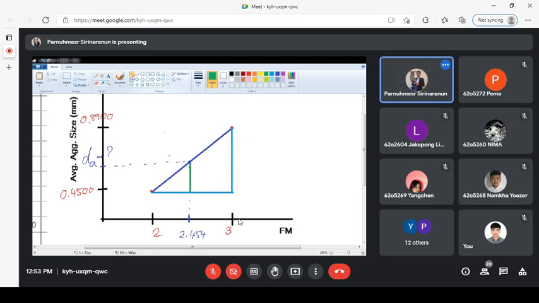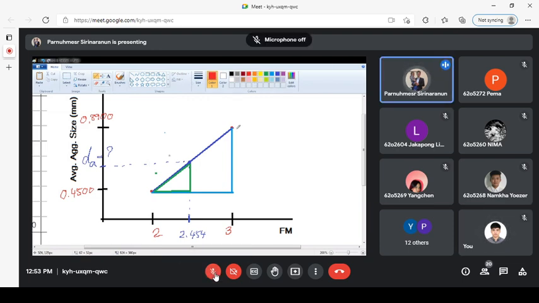This looks like a small triangle. Yes or not? You know the concept of similar triangles already, everybody?